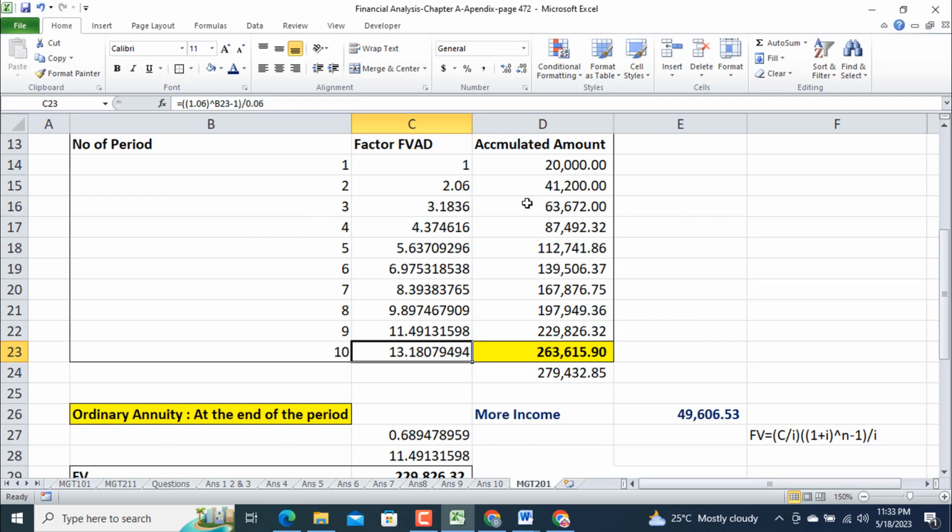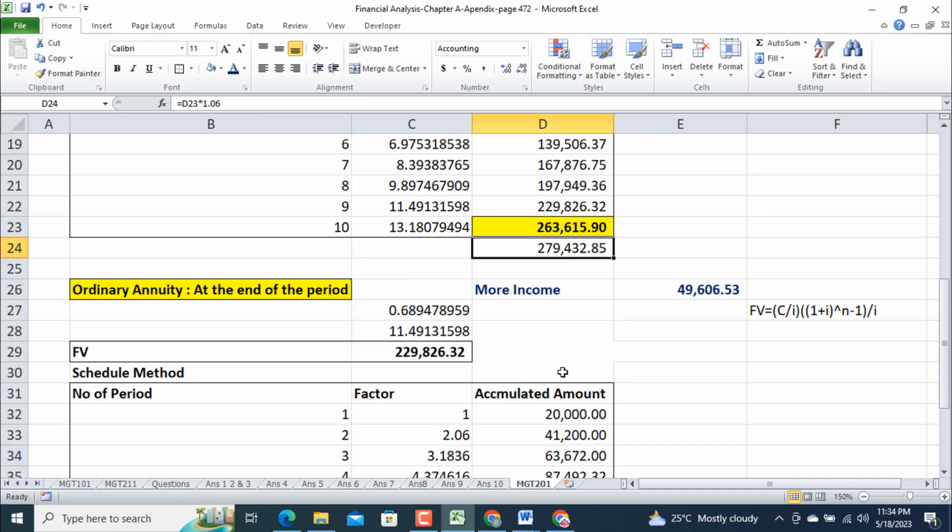If you multiply 20,000 with all these column values, we will get the accumulated amount at the end, and you need to multiply 2,63,615.90 with the 1.06 to reach this value.